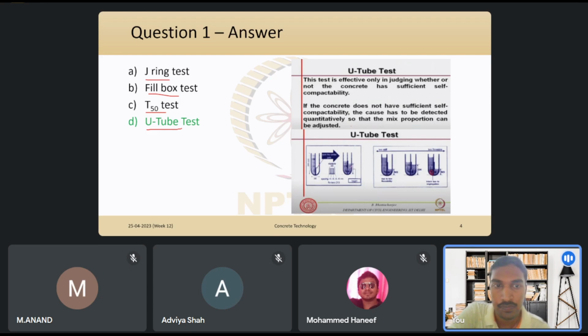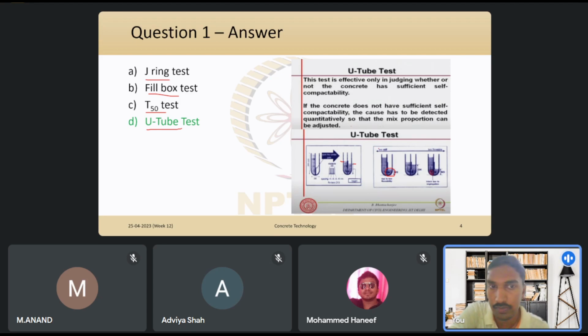If it has sufficient compactability, the height it fills on the other side should be almost the same as the height on the left hand side. If that is the case, then you can say that it has sufficient compactability. But if it is too low, like this, then it doesn't have sufficient compactability.